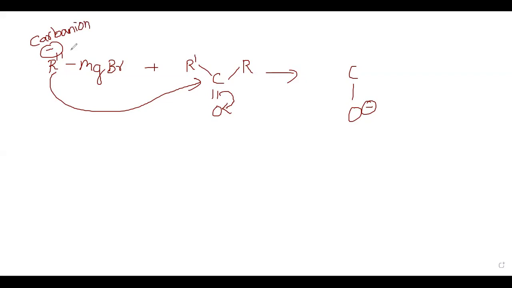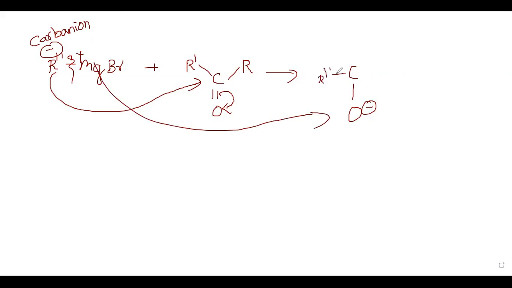Carbanion nucleophilic attack is initiated by RMgBr. The MgX portion is becoming positive. This positive entity will then become attached to oxygen. So what happened?